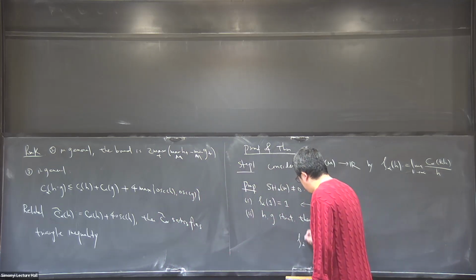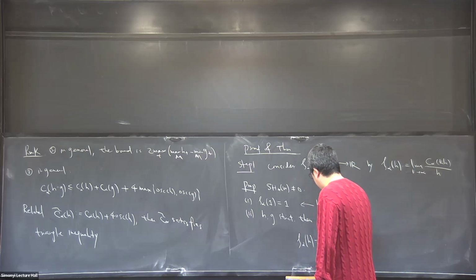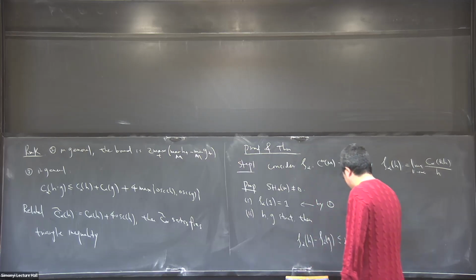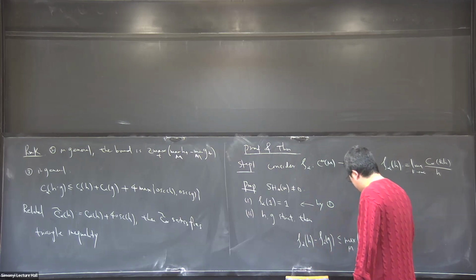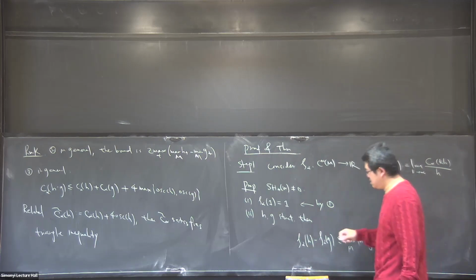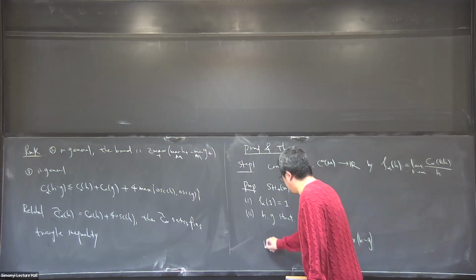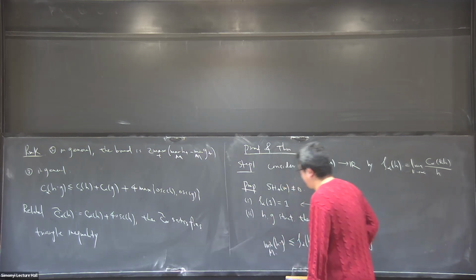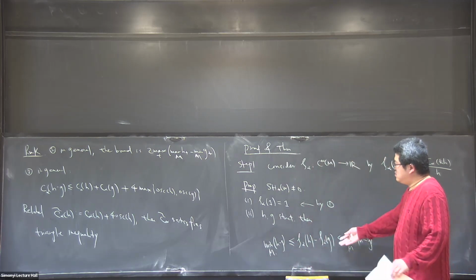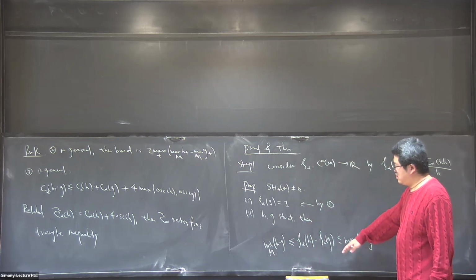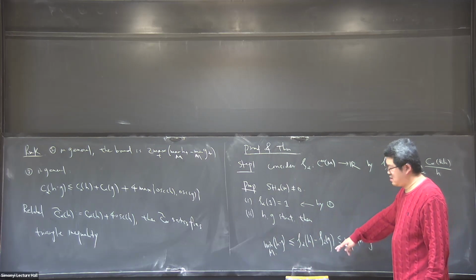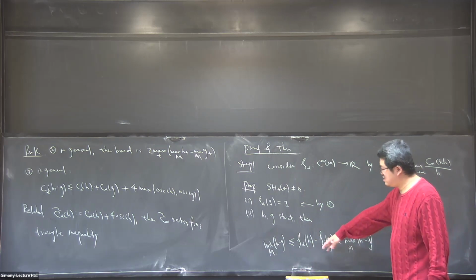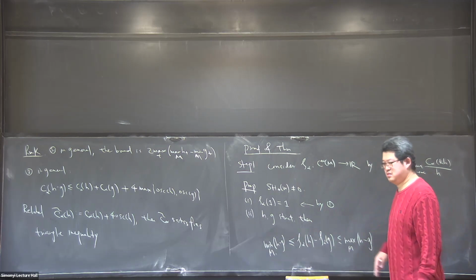Zeta alpha h minus zeta alpha g is smaller than the max of h minus g. Now this is time independent, and bigger or equal to the min of h minus g. Anyway, it's really nothing deep. We will use the monotonicity property. If h is bigger than g, then this is bigger.